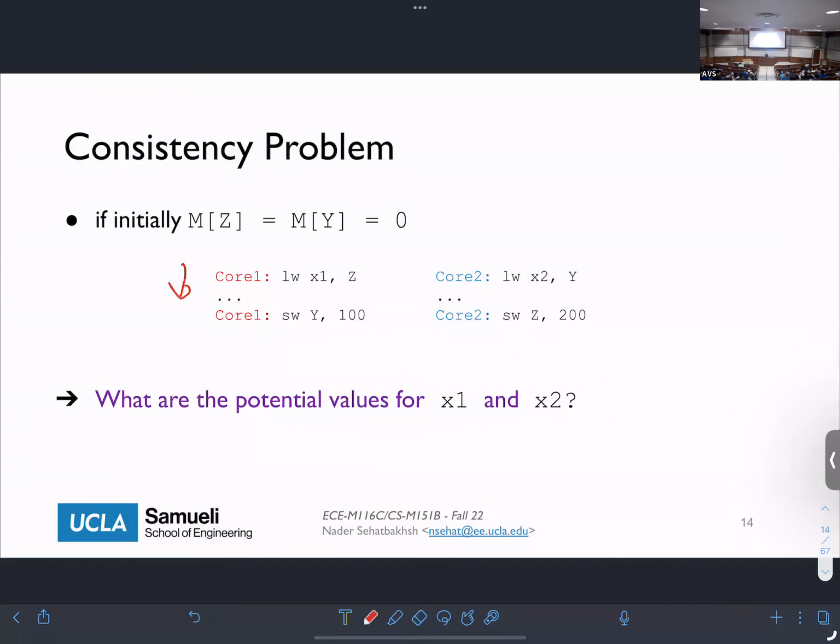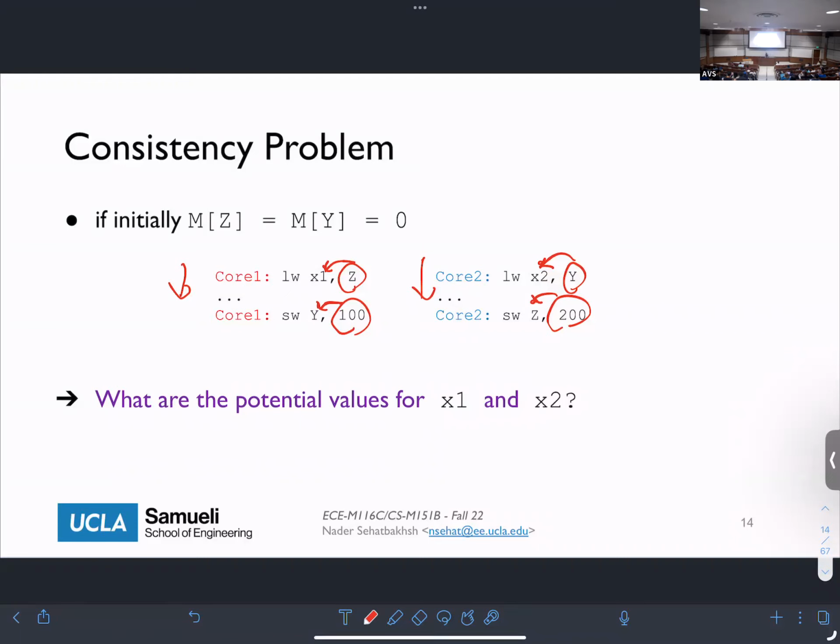Core number 1 is loading Z and then storing 100 to Y. I'm not using the correct syntax for RISC-V, so just ignore that. I'm writing 100 to Y and reading Z into X1, and core number 2 will be loading Y into X2 and then writing 200 to Z. Again, Z and Y are two different addresses.